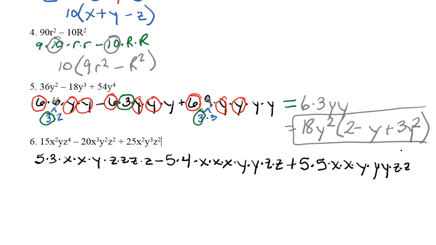Okay, I've written it all out, so let's see what they have in common. I see that they each have a 5, so I'm going to circle that. They don't each have a 3. I see an X in each of them. And they each have another X, so I can circle the second X. Do they each have a Y? Yes.